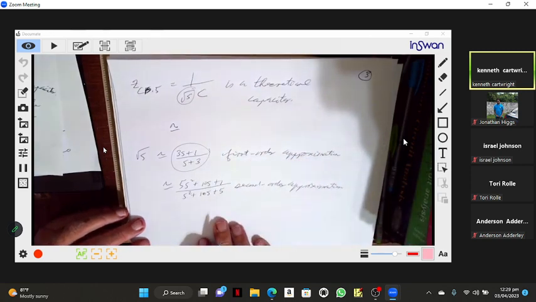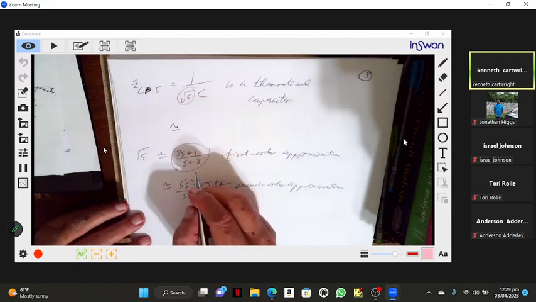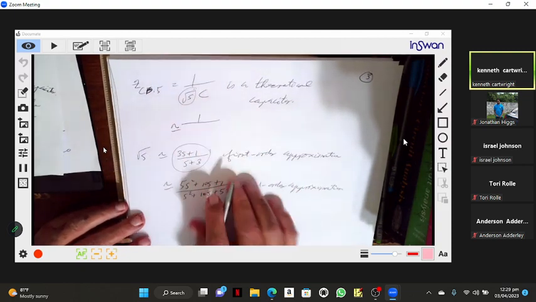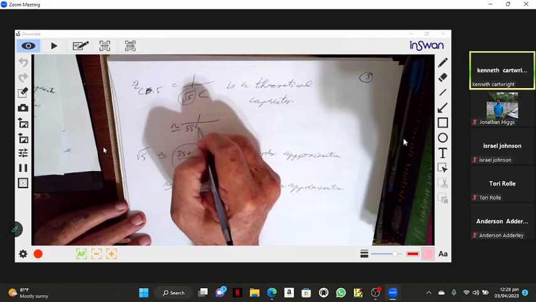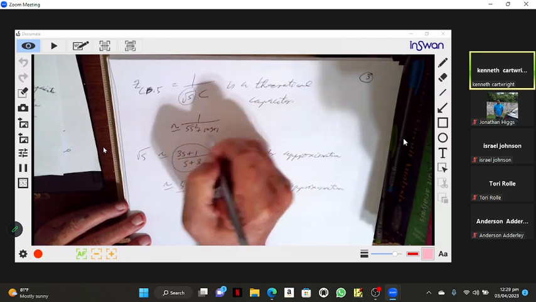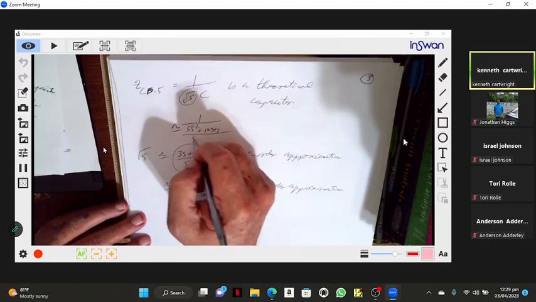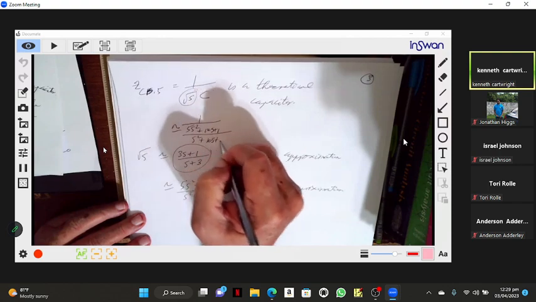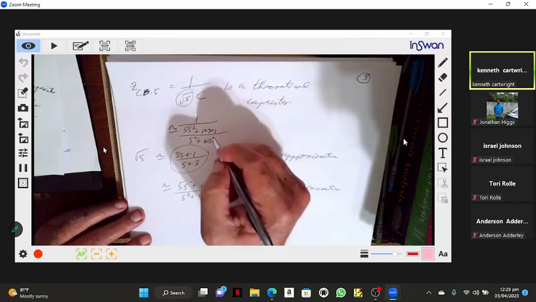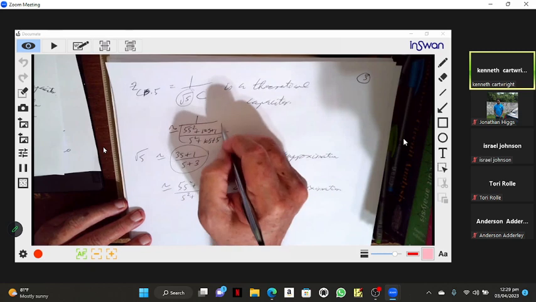Okay. So this here then is approximately 5S squared plus 10S plus 1 over S squared plus 10S plus 5, times C.